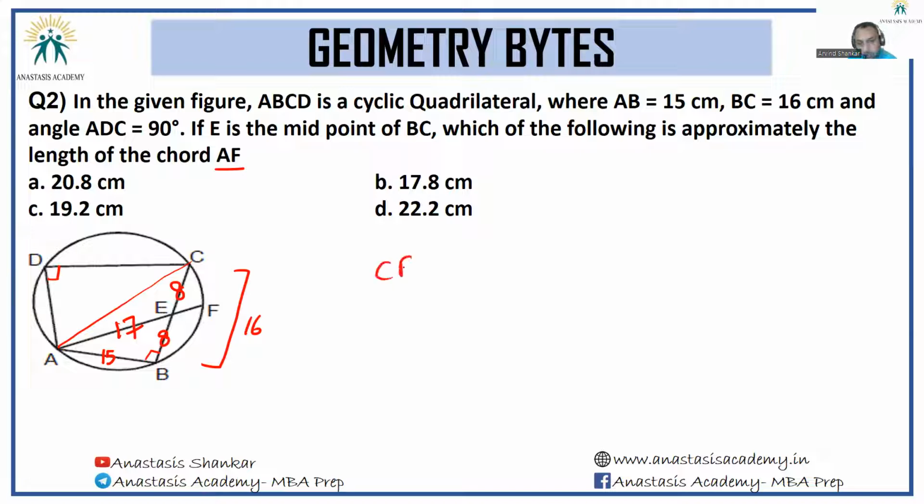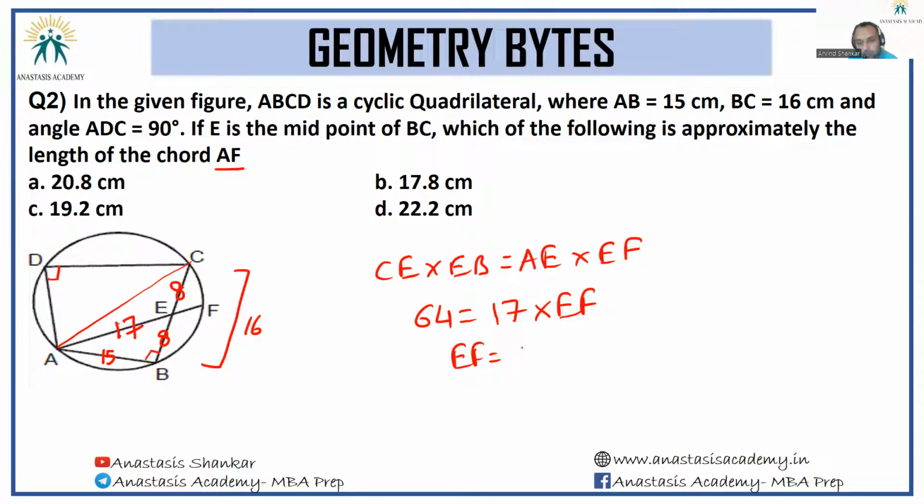So now CE into EB has to be equal to AE into EF because they are intersecting chords. So 64 is equal to 17 into EF. So EF will be equal to 3 point something something. It is more than 3, less than 4.